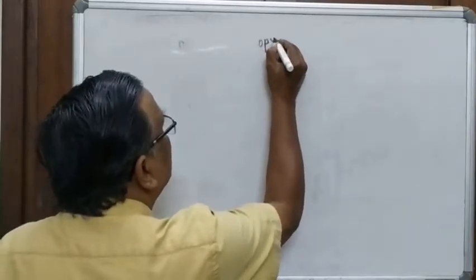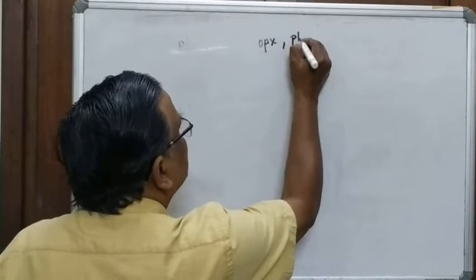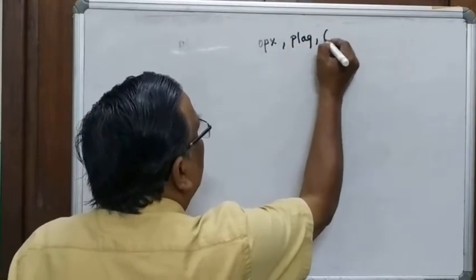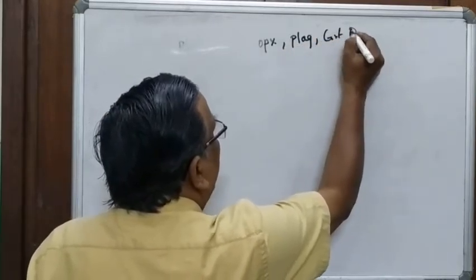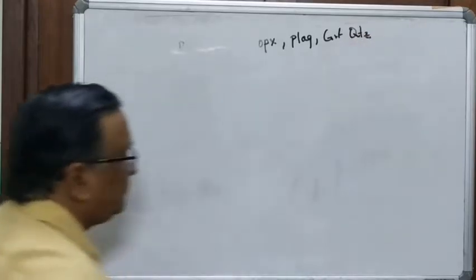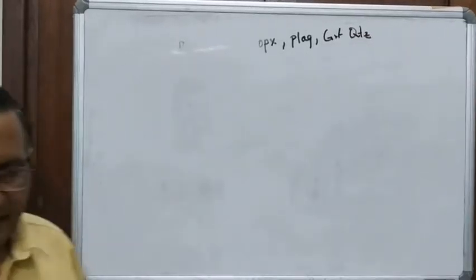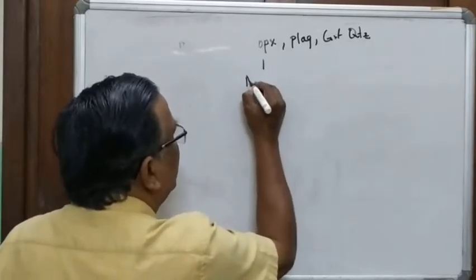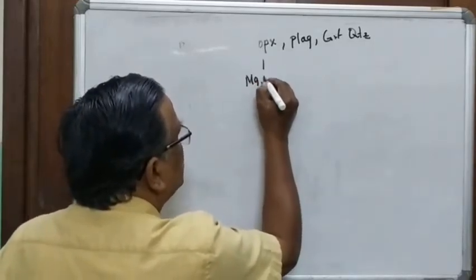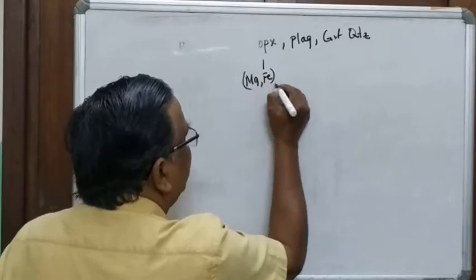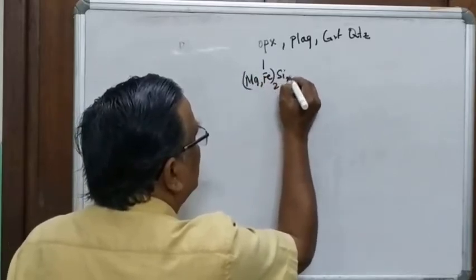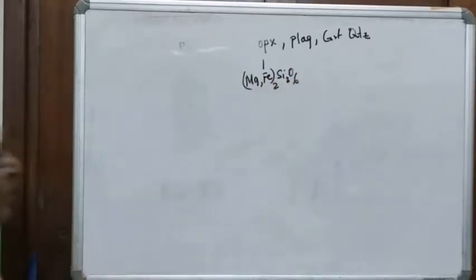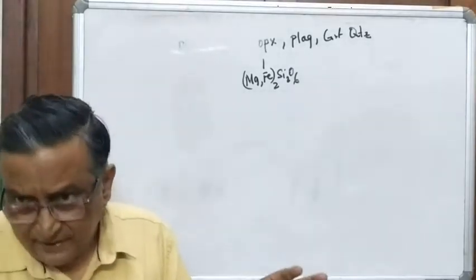orthopyroxene, plagioclase, garnet and quartz. This can be very complex. Orthopyroxene is normally a solid solution of (Mg,Fe)2Si2O6. That's a very standard composition of pyroxene.